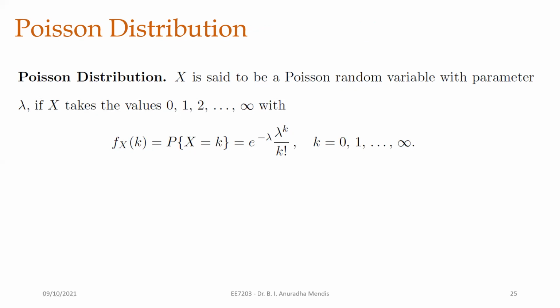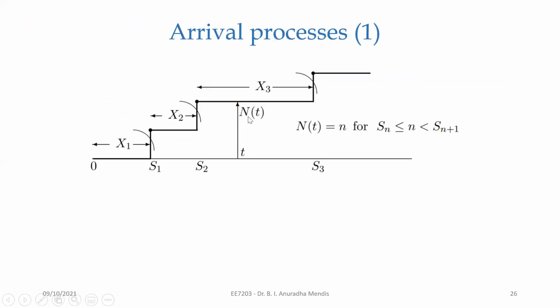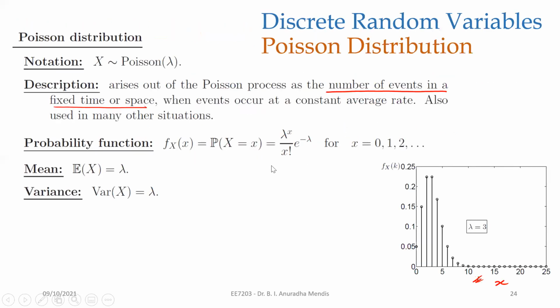Okay, if you understand the Poisson distribution in this way, I will come to this distribution again after defining the arrival process. Without knowing the arrival process, it is not sufficient to understand only this formula. You can identify a Poisson distribution by using this formula.